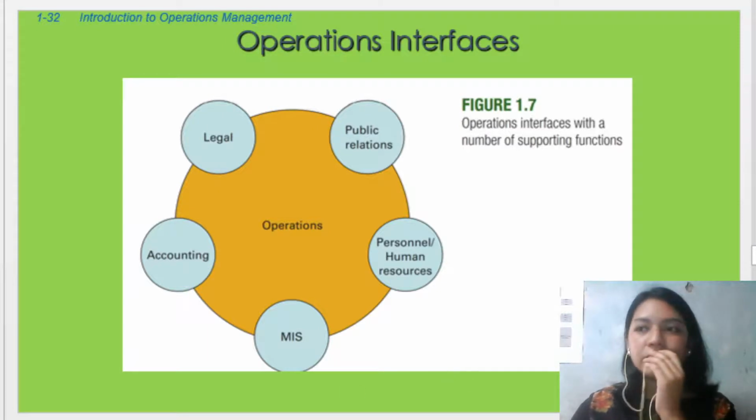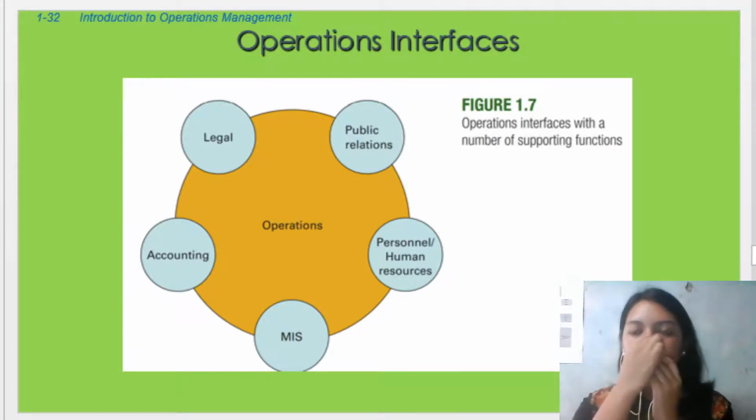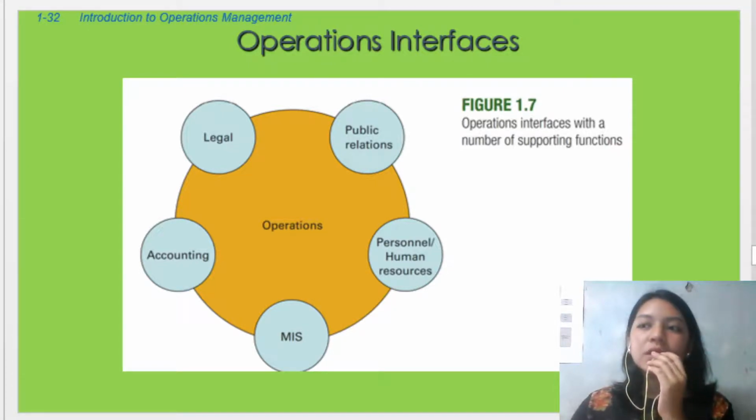Next is accounting. Accounting is responsible for the cost of labor, the cost of materials, and the overhead cost. They may provide financial reports so that the operations will have knowledge of these things.